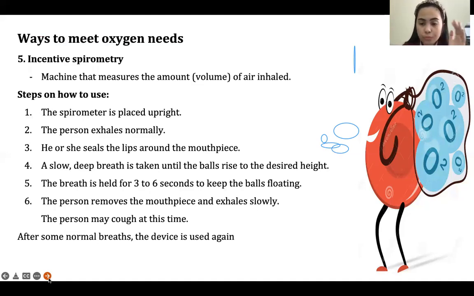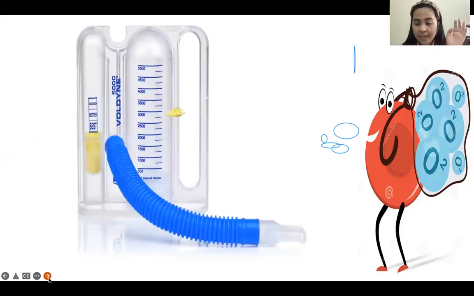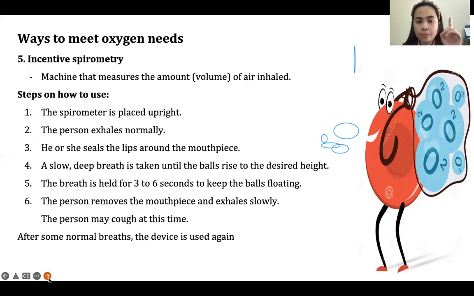Then another way to meet our oxygen needs is incentive spirometry. If you had an operation before, you might have used this. This is called incentive spirometry, and it will help you to expand your lungs.